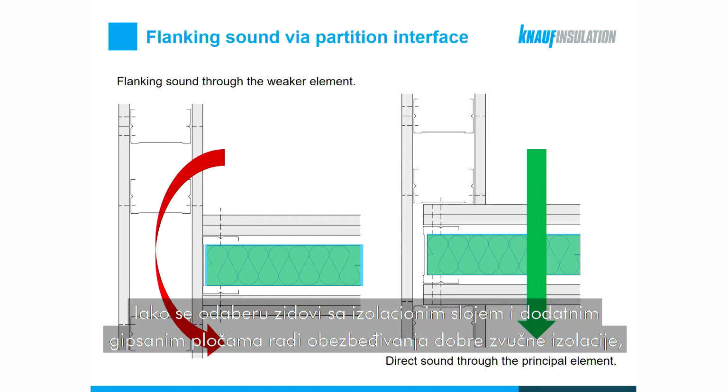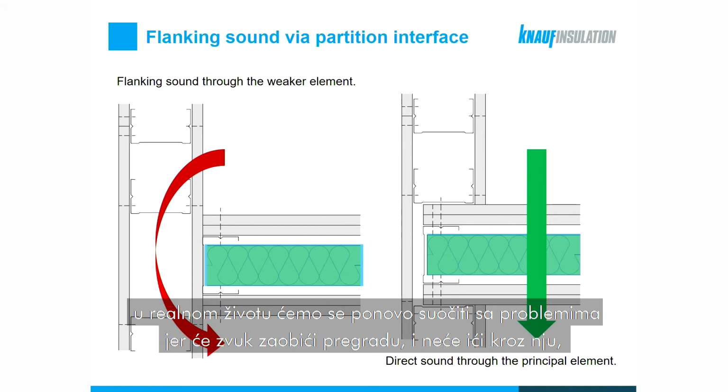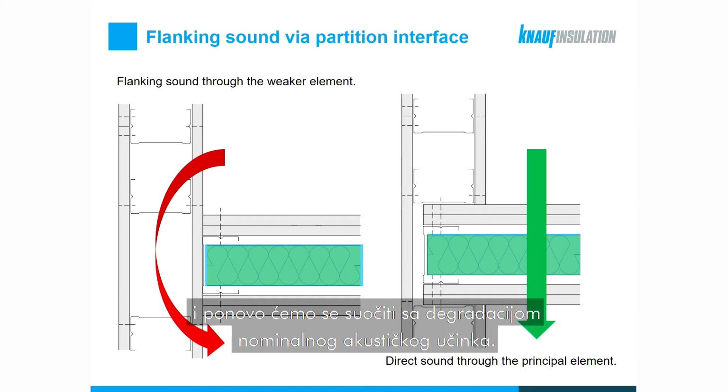And although these walls have been selected with insulating layer, with an extra gypsum board to provide a good level of sound insulation, in real life we will again face problem because the sound will go around the partition, not through the partition. And we will face again the degradation of the nominal acoustic performance.